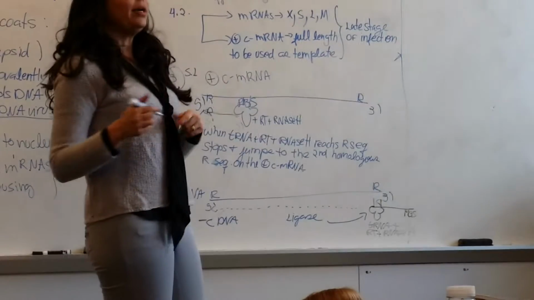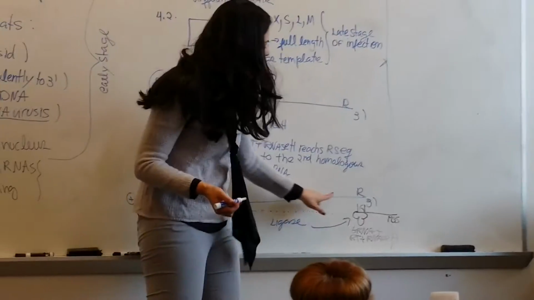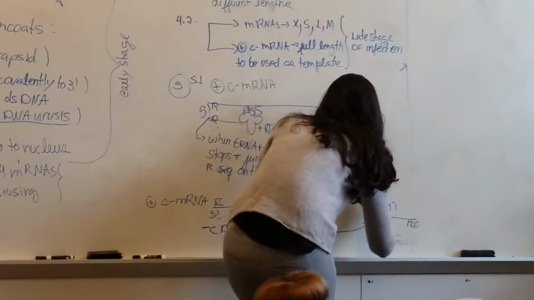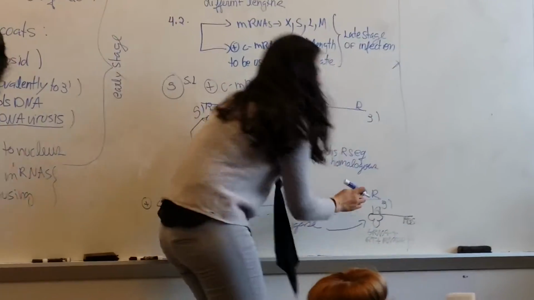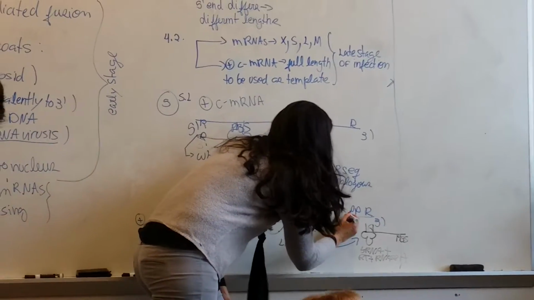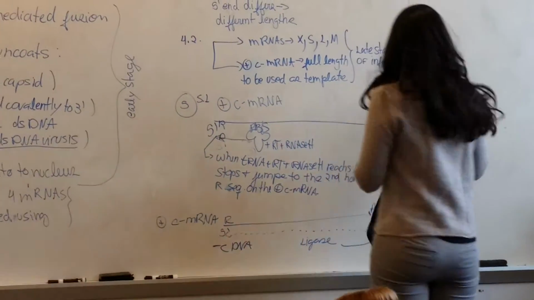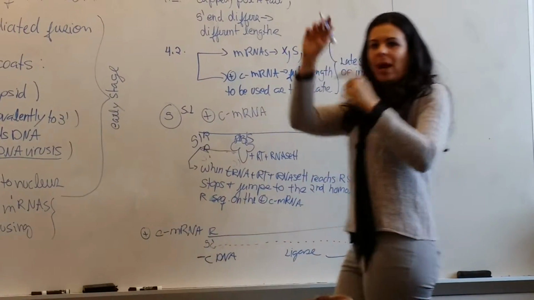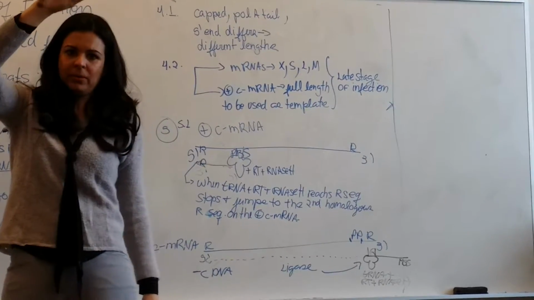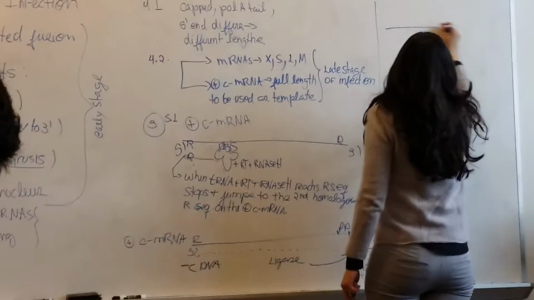So now RNase H is going to degrade this whole entire thing, with the exception of the primer region, a little section of the RNA. So the whole thing is going to be degraded. I'm going to write in blue, just to let you know, this negative cDNA, but I will label it.